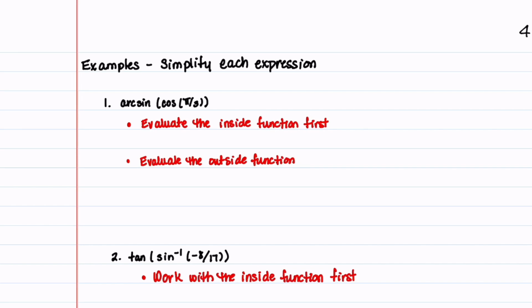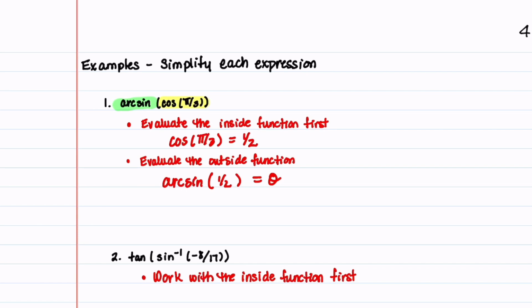To simplify a composition like this, we're going to work on the inside function first. This is the inside function. We know that cosine of pi over 3 is equal to 1/2. We'll then work on the outside function. Arcsine of cosine pi over 3, which we found to be 1/2, is an angle which we'll call theta.